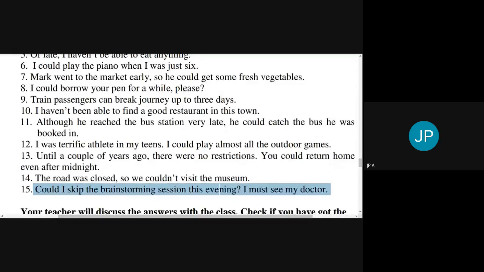And type join my quiz and this code for joining.